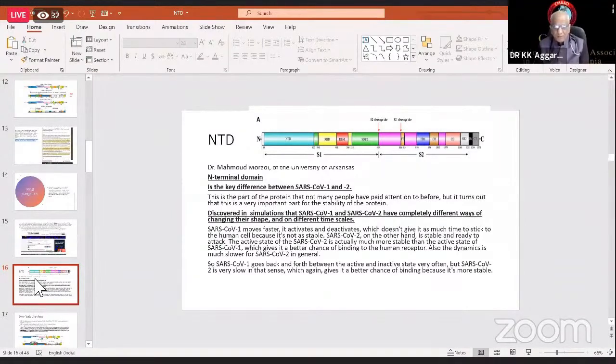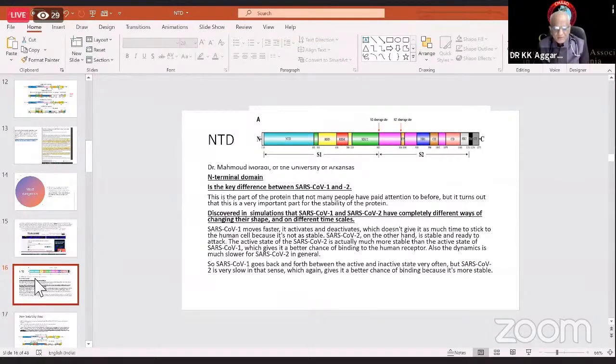So if a SARS-CoV-3 is to come, whether a COVID in 2022, 23, 24, whenever it comes, it will come by changing its NTD, not by the RBD or RBM or other portions. It will only come by changes in the NTD.